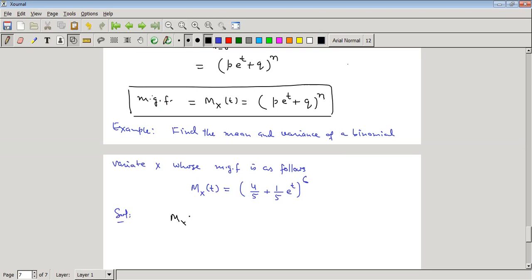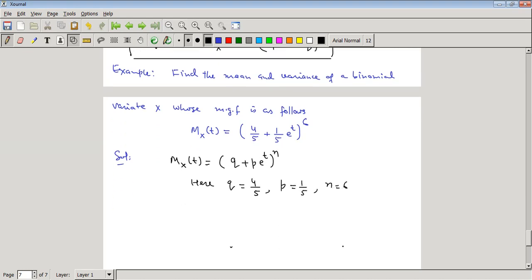Since we know the moment generating function for binomial distribution, we can also write it as (q plus p e to the power t) to the power n. So here if we compare this, we get q equal to 4 by 5, p equal to 1 by 5, and n is equal to 6. So it satisfies p plus q equal to 1.